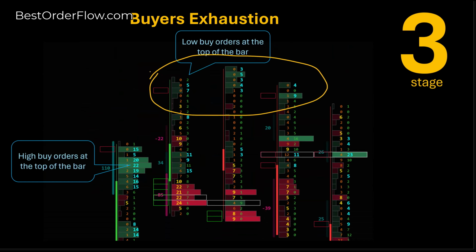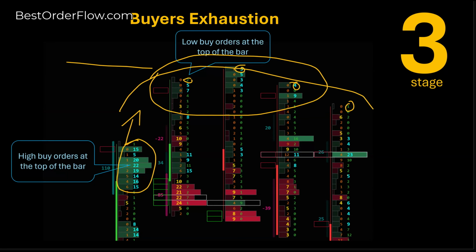The same situation, simply on the other side. You see that this is the positive delta, really energetically believing that they're going to go higher, they move higher, but not significantly, because right over here you see there's a 2, there is a 3, there is a 4, there is a 1. So this is the sign of exhaustion on the buying side. Basically the same pattern, just on the opposite side.